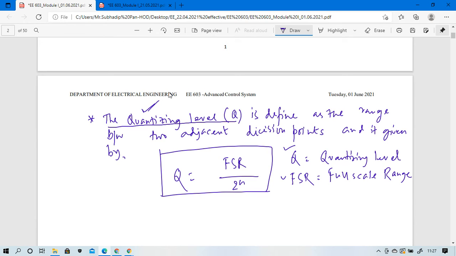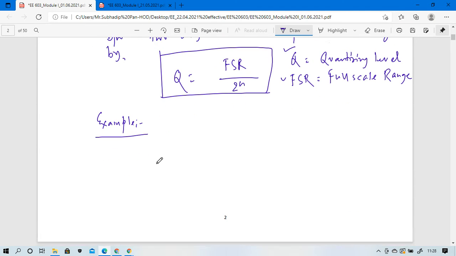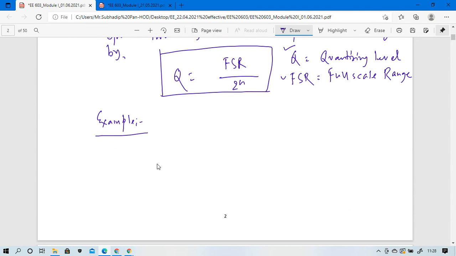So what do we mean by two adjacent decision points? Suppose we have a binary number system, and I give you an example. If I consider a simple number system having an on and off state, a number sample, say 1 0 1 0 0 0 1.